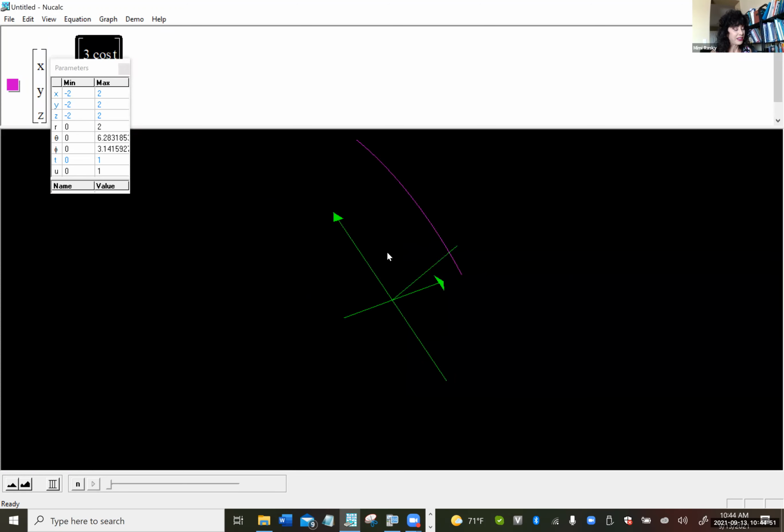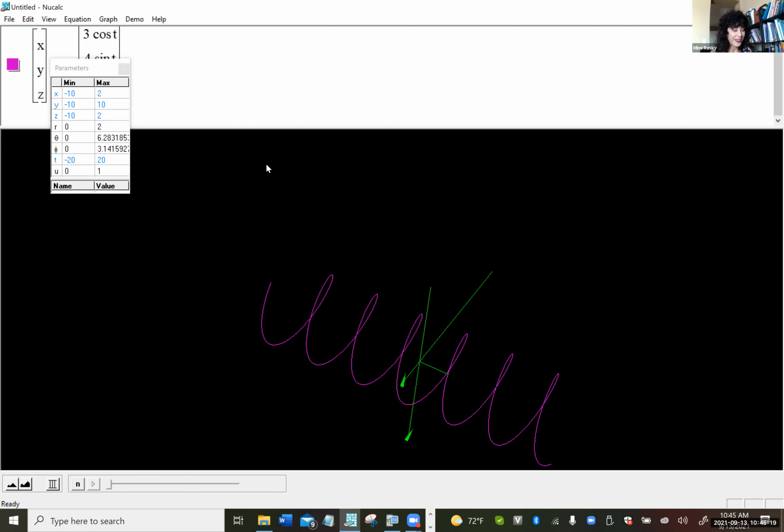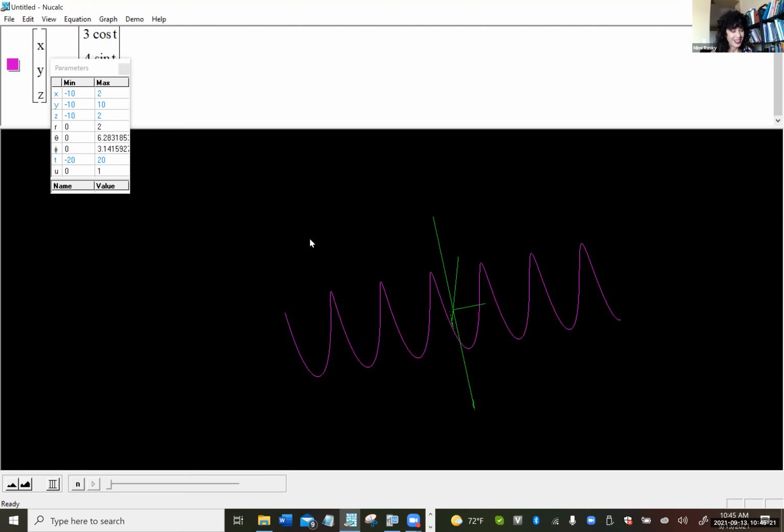Okay, there's a little piece of it. It's not showing me the full thing. It seems like it reverted back to what I didn't want. Let me give it some more range. There we go. Ah, that's a helix.